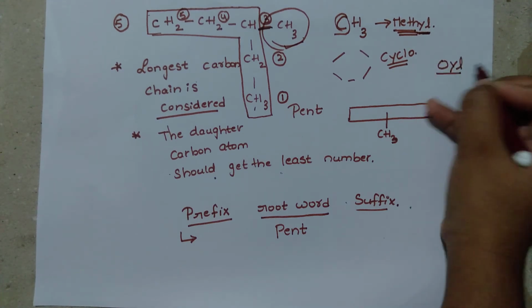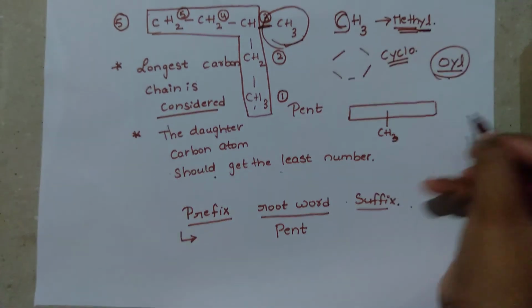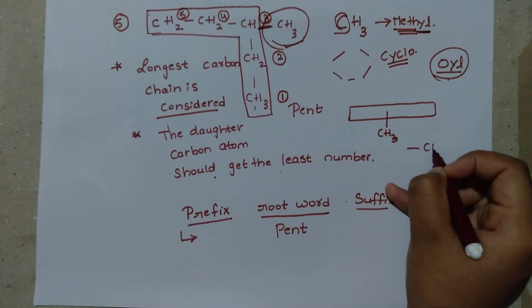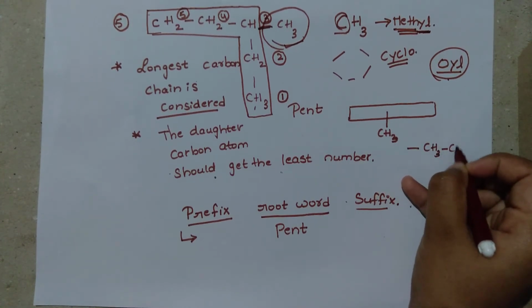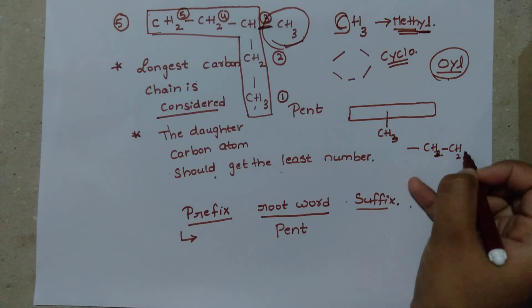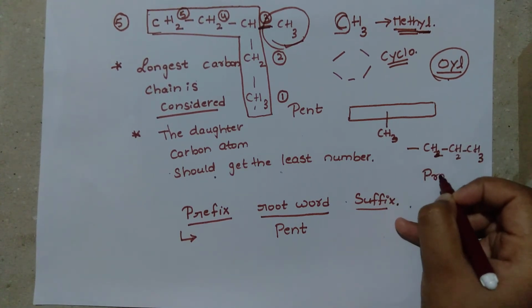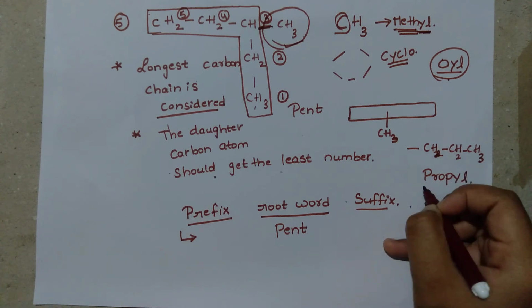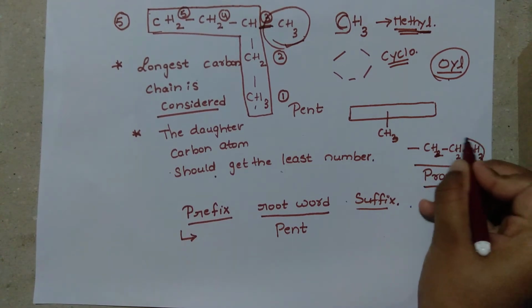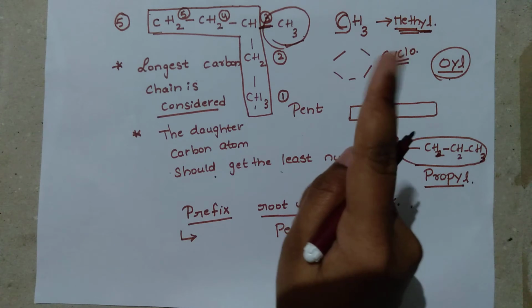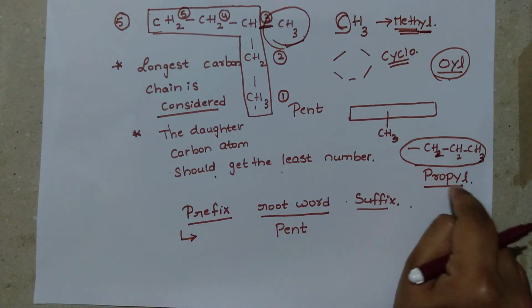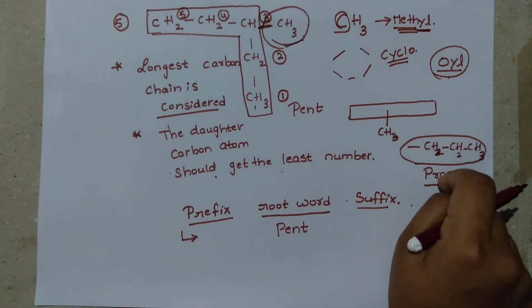This is the name we have to write for substituents. If there is CH3 single bond CH2 single bond CH2 single bond CH3, in these cases we need to write propyl. If they are only substituents, remember, we need to put the name as yl.